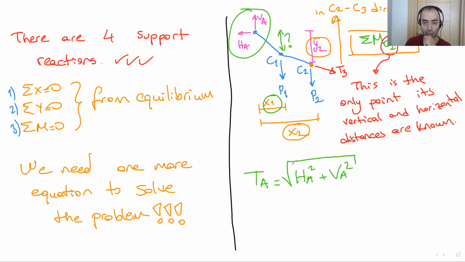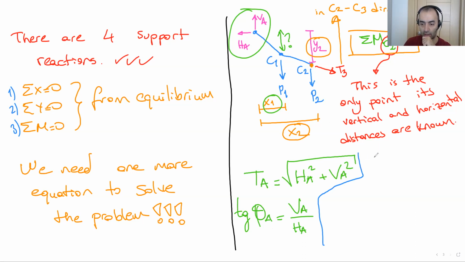If you would like to know the direction of the TA, which is theta A, tangent theta is VA over HA. From here, you can get the theta A. It's the same for the right-hand side.